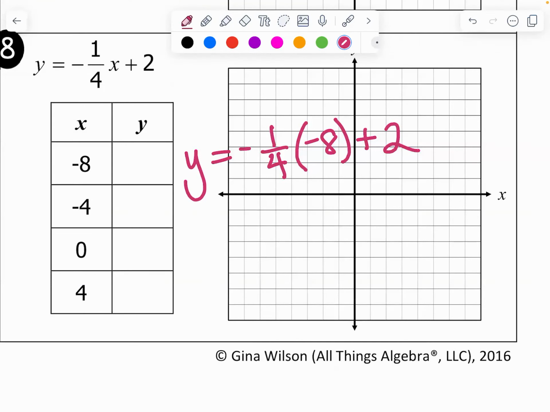We could put a 1 under 8 and say 1 times 8 is 8 and 4 times 1 is 4. So we have 8 divided by 4 plus 2.